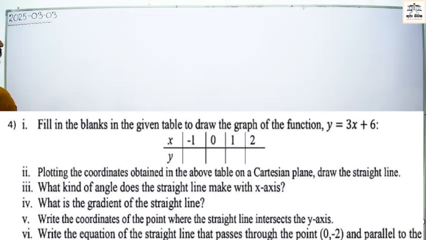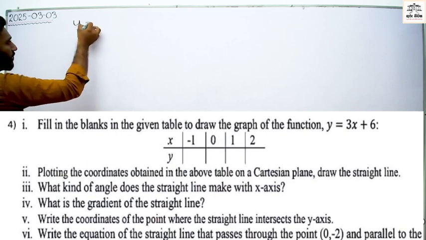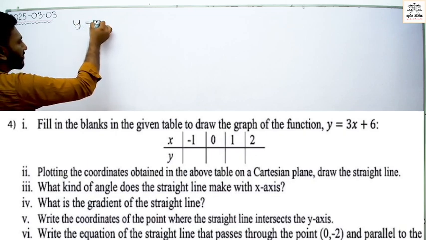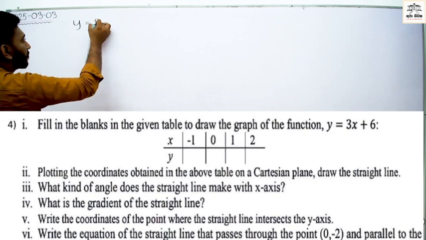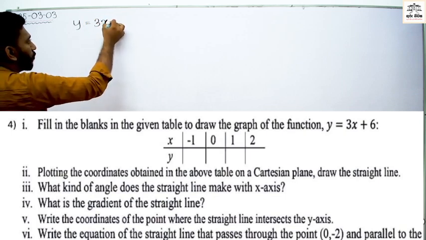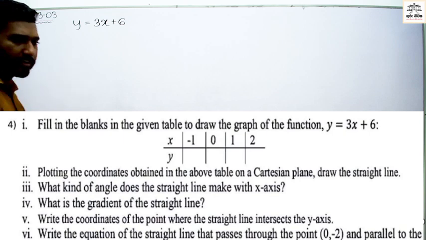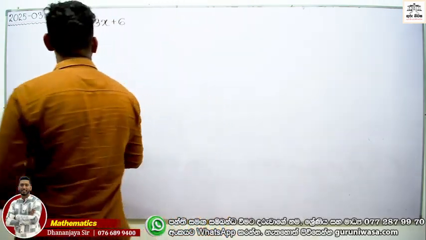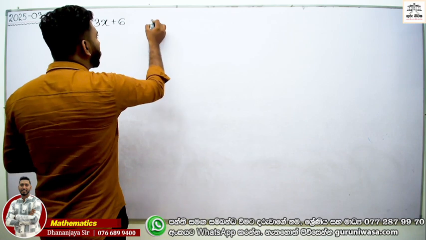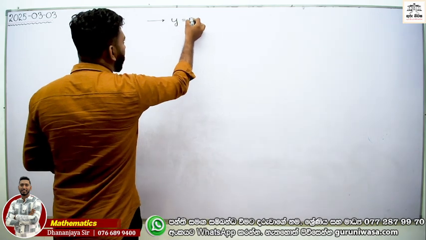The function is y equals 3x plus 6. Right? And this function becomes y equals mx plus c.